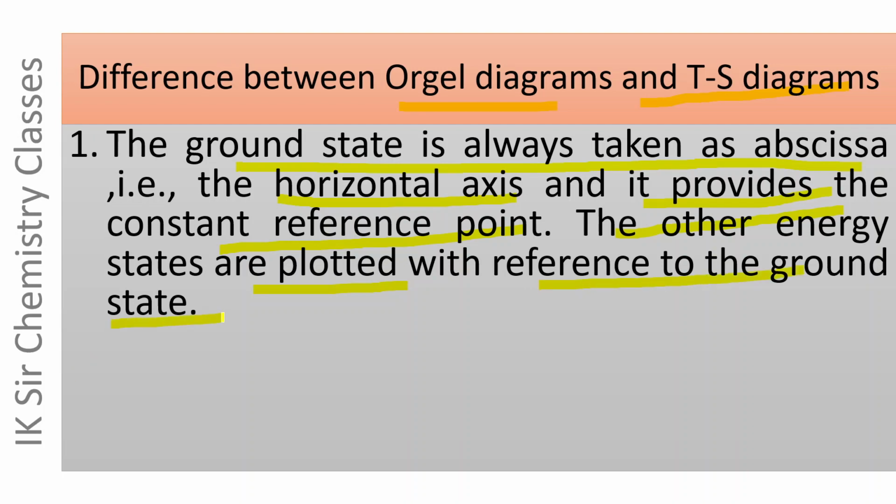It means during plotting TS diagrams, the ground state is always taken as abscissa or horizontal axis or x-axis, and the energies of other states are plotted with respect to the ground state.